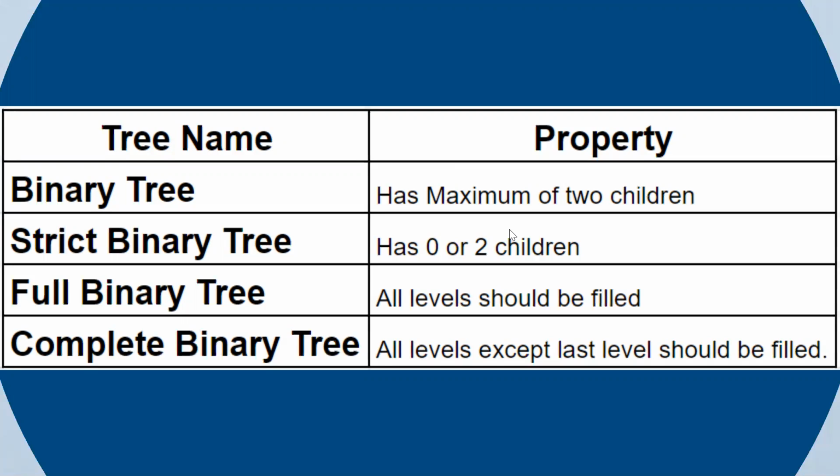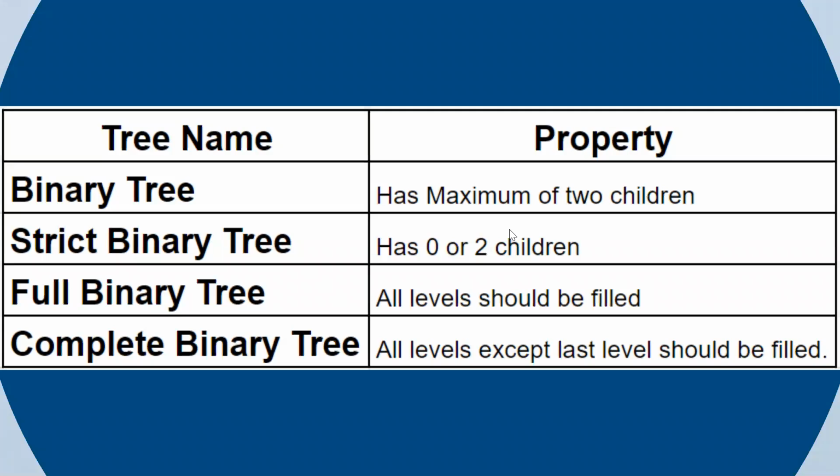A strict binary tree has 0 or 2 children. Like I told you, the binary tree maximum number is 2, which means it can have either 0, 1 or 2. But in a strict binary tree, the number of children should be either 0 or 2, which means either it should not have any children, or if it has, it should have two children.